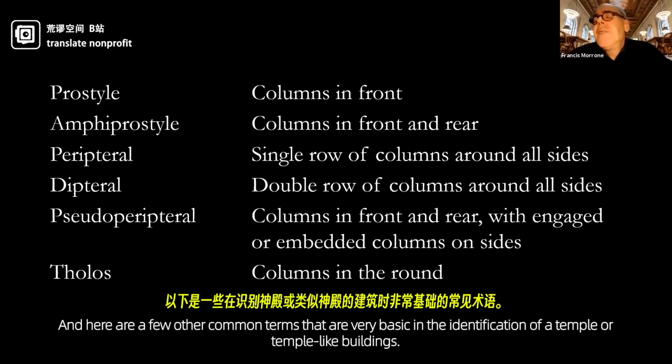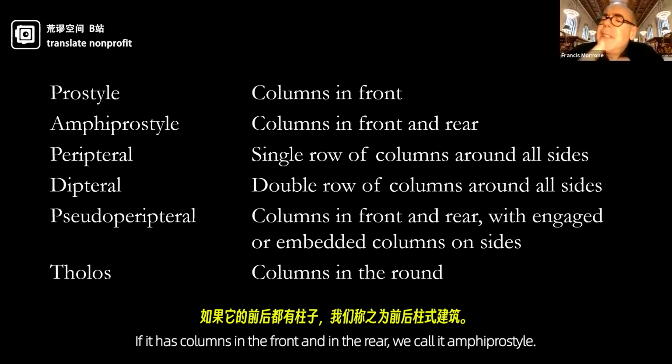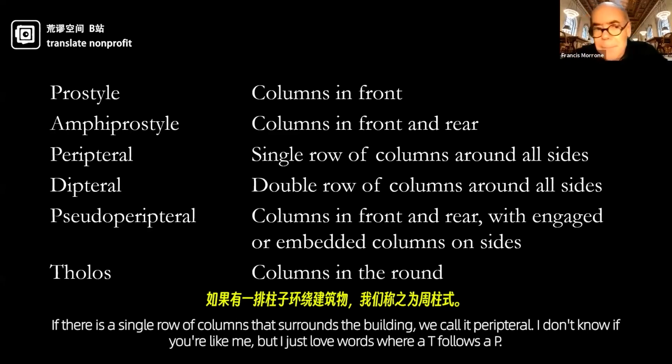And here are a few other common terms that are very basic in the identification of a temple or temple-like buildings. A building that has columns only in the front, we call a prostyle building. If it has columns in the front and in the rear, we call it amphiprostyle.